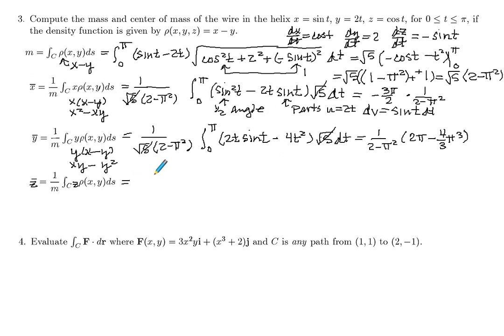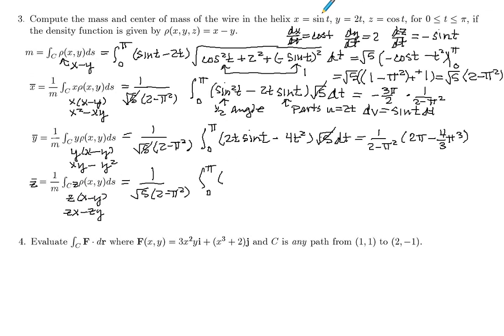And then our last one, this is going to be z times x minus y, which is going to be zx minus zy. So that's what we're integrating. So we got that factor of 1 over the mass out in front, 1 over root 5, 2 minus pi squared. And now we're integral 0 to pi and zx.